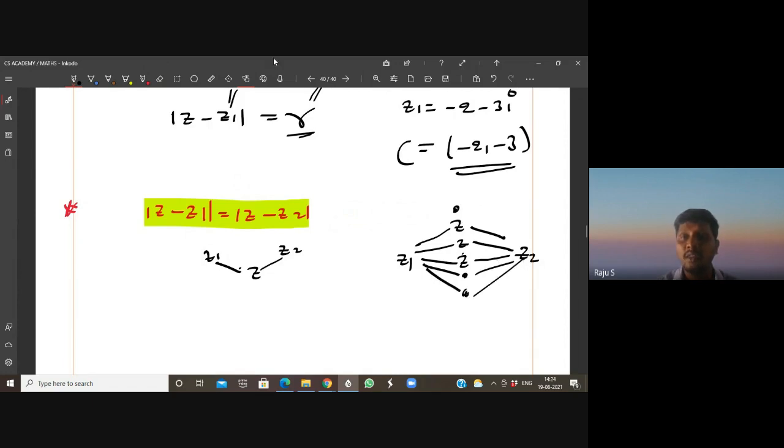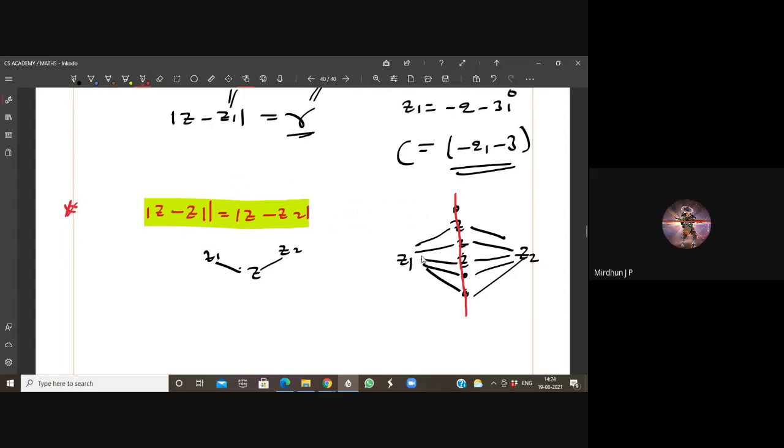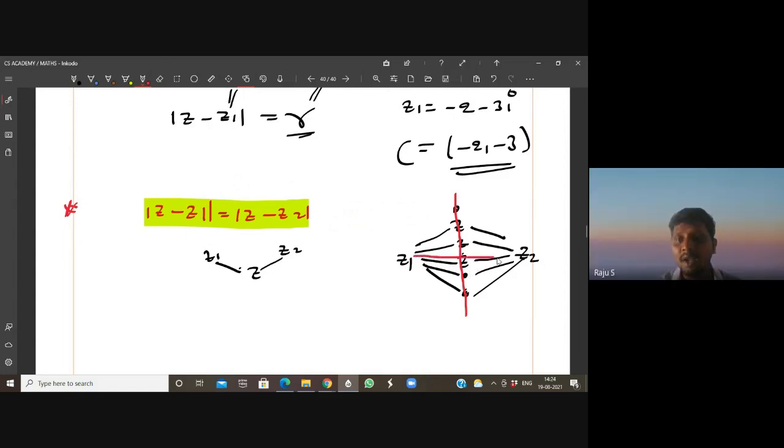So what is the locus of all these points? Locus means you have to join all the points. It will give a straight line, which is bisecting the two points z1 and z2. When they give these two conditions alone, this is nothing but z is equidistant from z1 and z2.